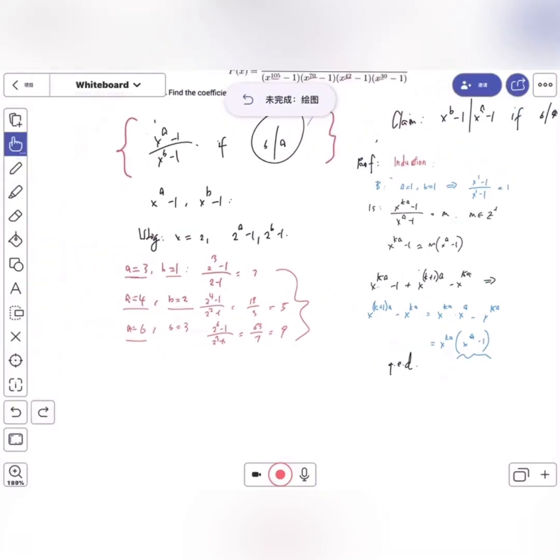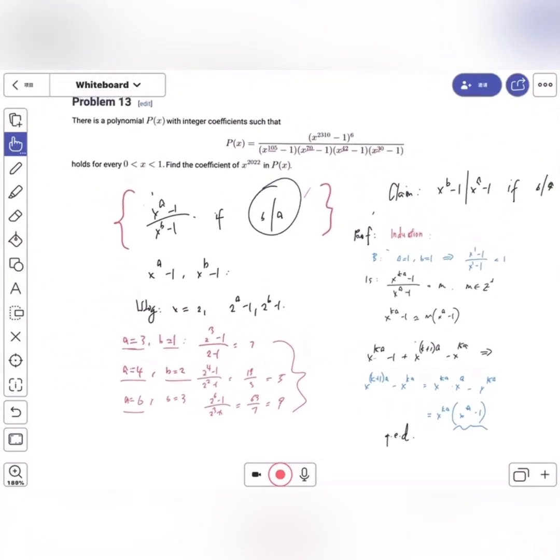So now, how do we proceed with this problem right after we prove this claim?